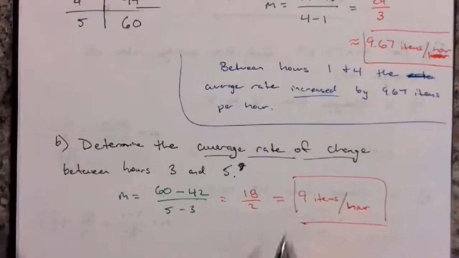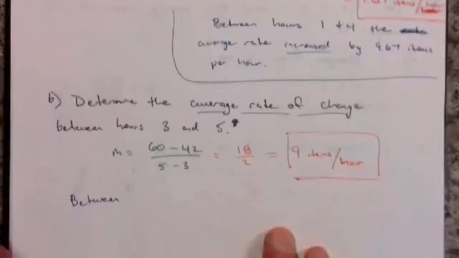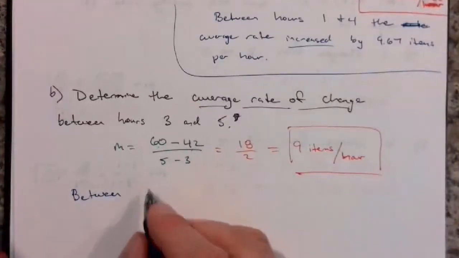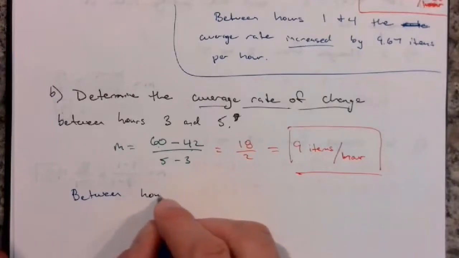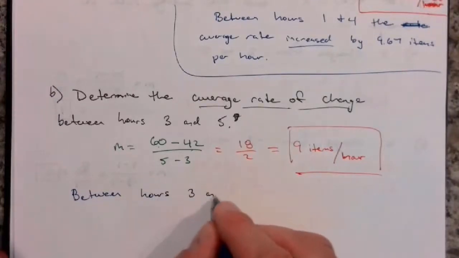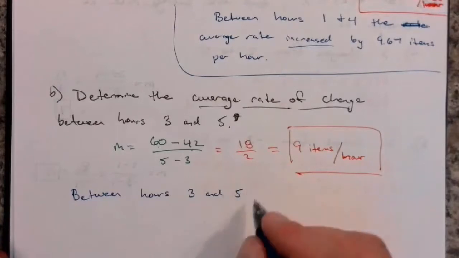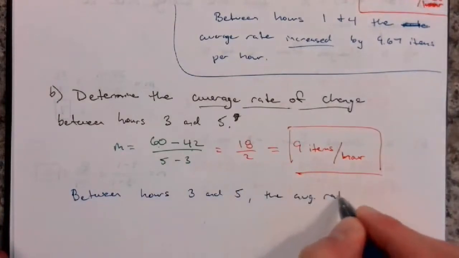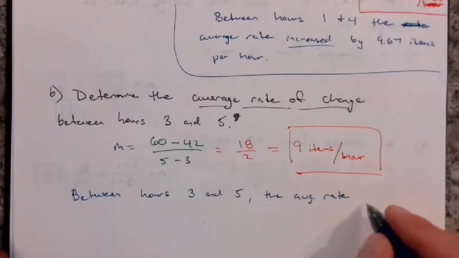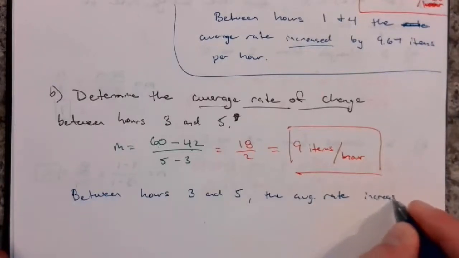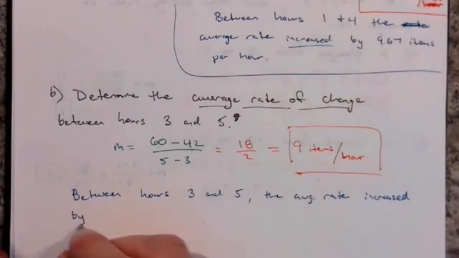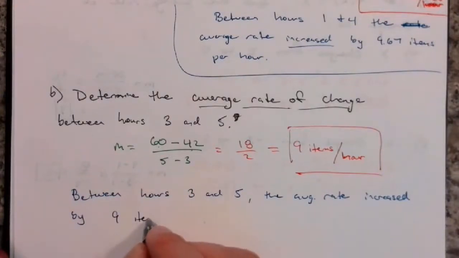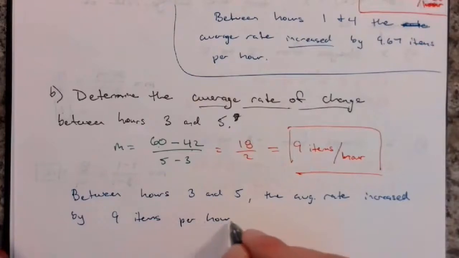So a sentence to go along with this, you could say between hours 3 and 5, the average rate increased by 9 items per hour.